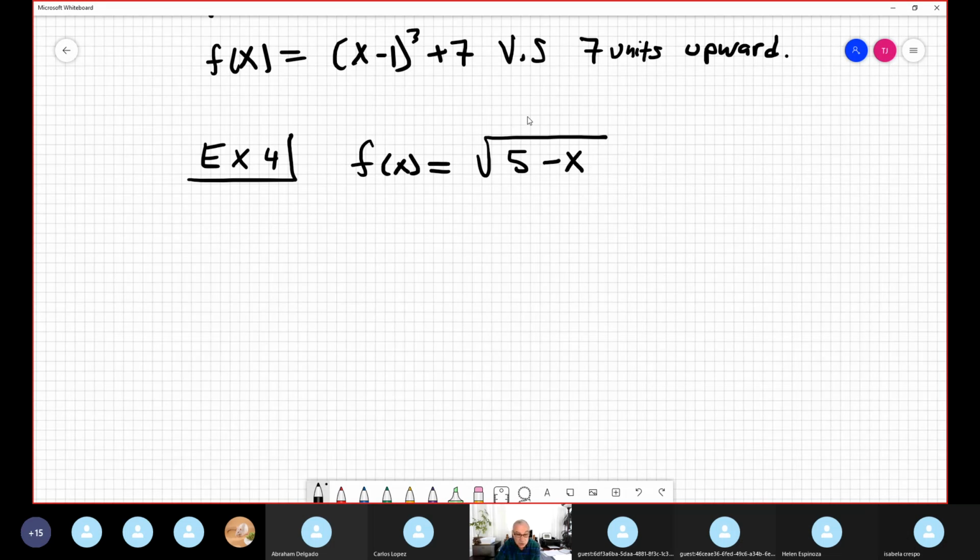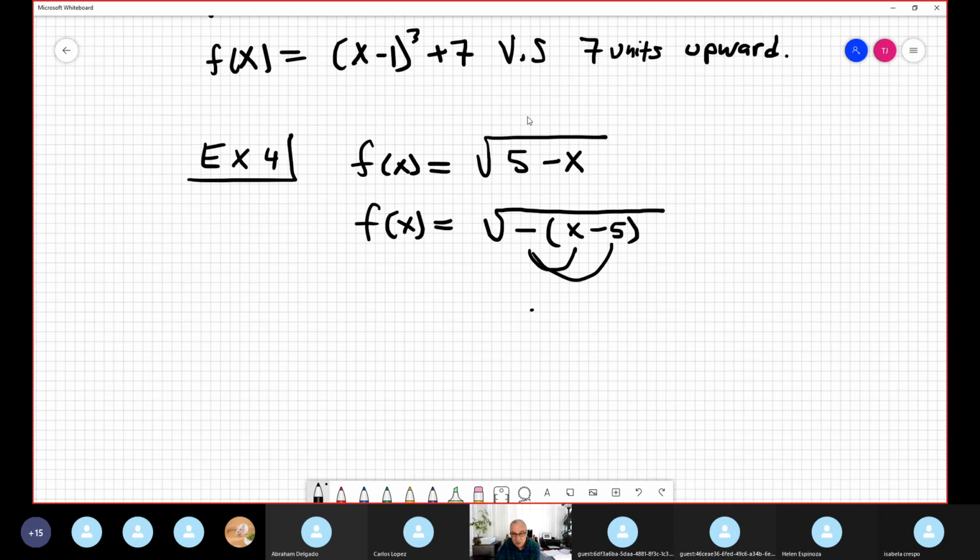So the something you should do is, look, factor out negative 1 here, and we have x minus 5. Let me check that these are equivalent or not. You distribute here, it's minus x plus 5. Here I arrange it in this order, x minus 5. This is equivalent. But now, in my opinion, it's easier to see the transformation.